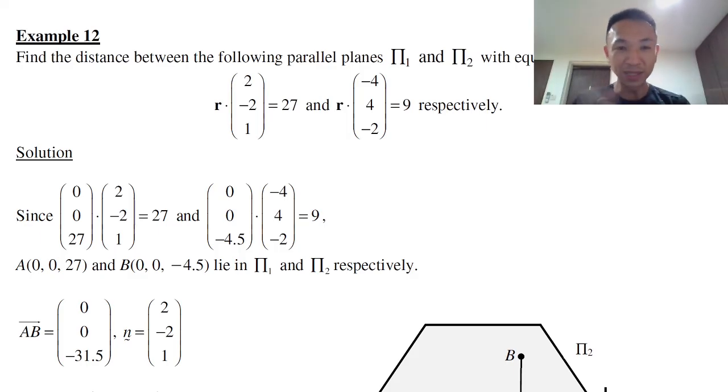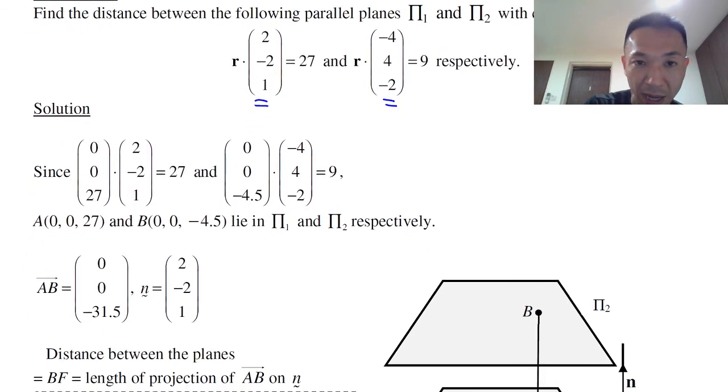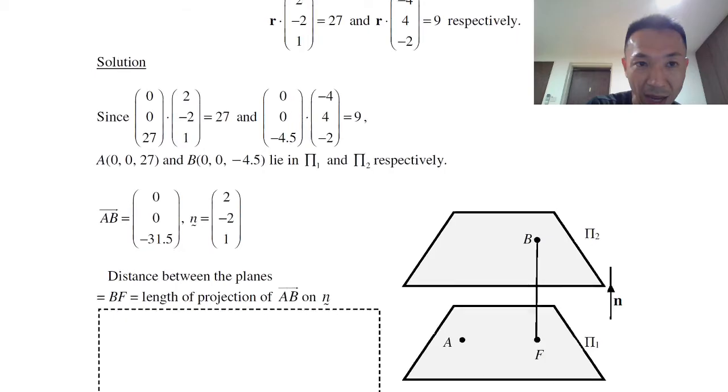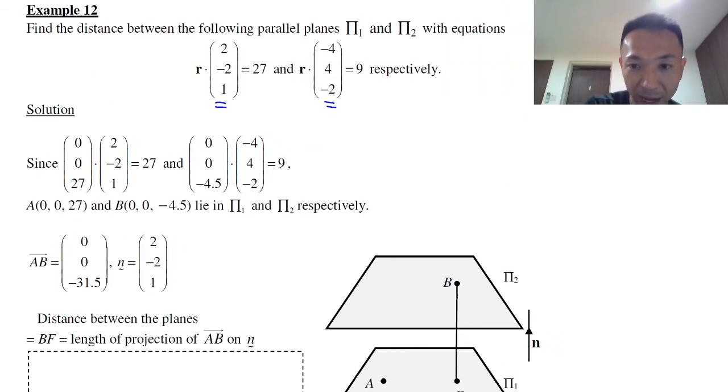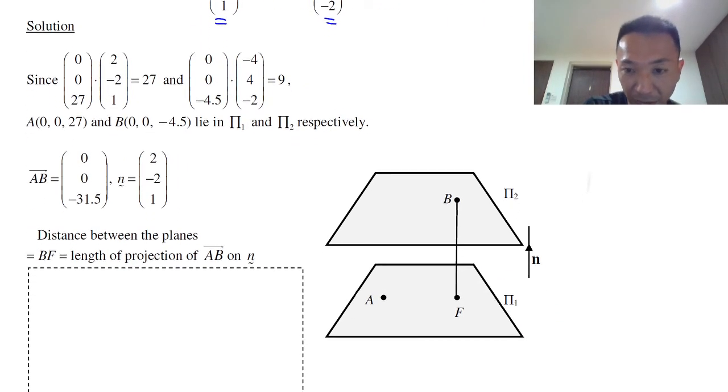Two parallel planes here, this one and this one. I have this equation and I want to find the shortest distance. First, we observe that this is pi 1, this is pi 2.